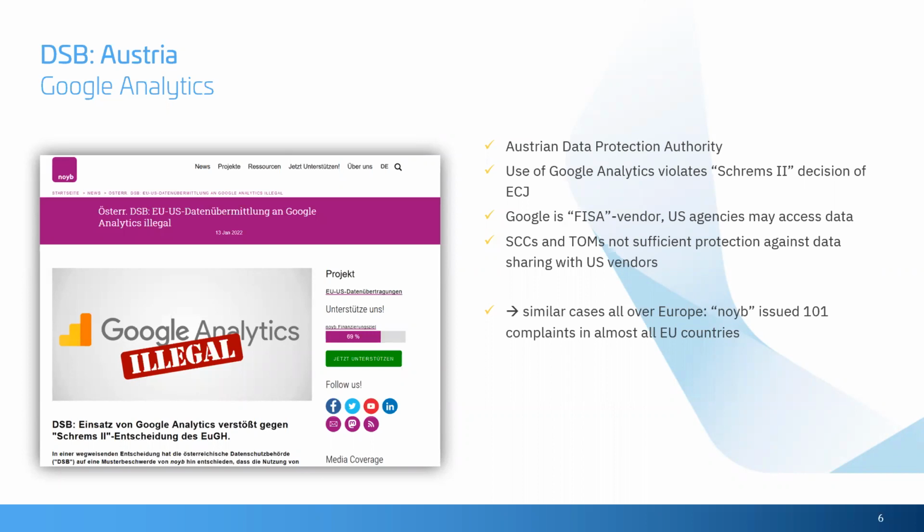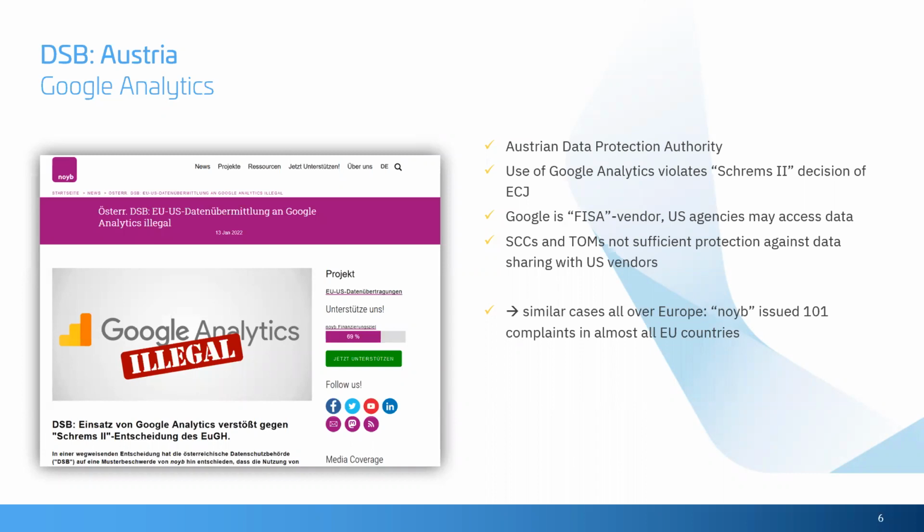There are some similar cases across Europe. As said, the Austrians are the first ones that decided on it. I think the Netherlands jumped on the same train and said that they will come to a similar conclusion. Not sure if they decided something yet. France also decided in a similar case. So it is very likely that the other data protection authorities in Europe will come to the same conclusion.